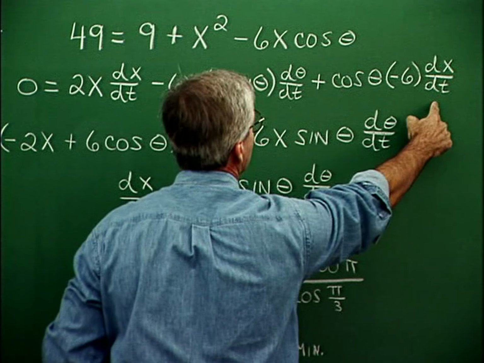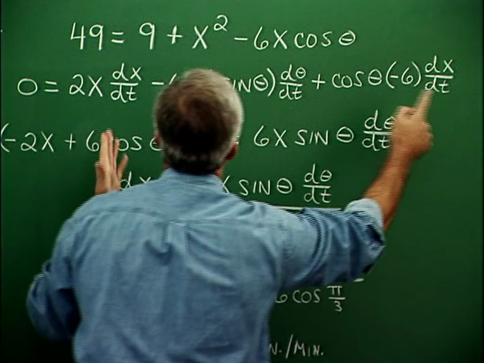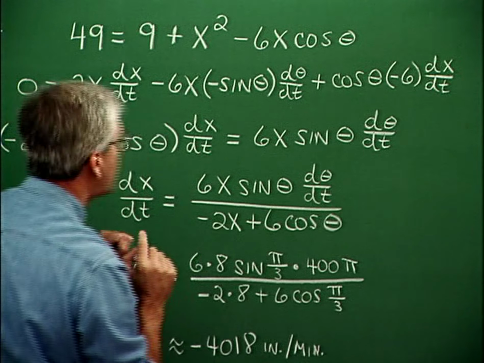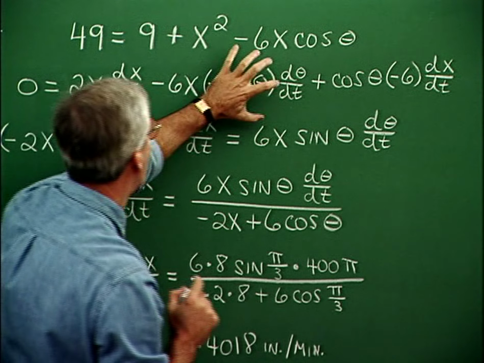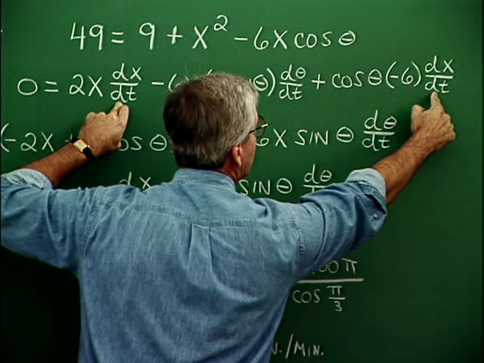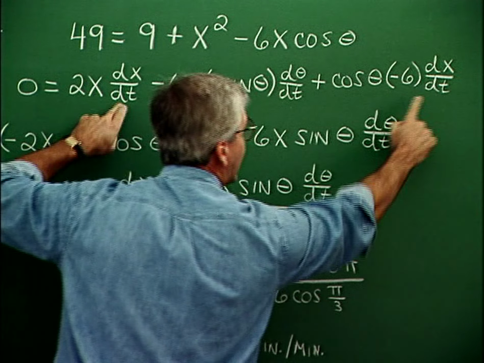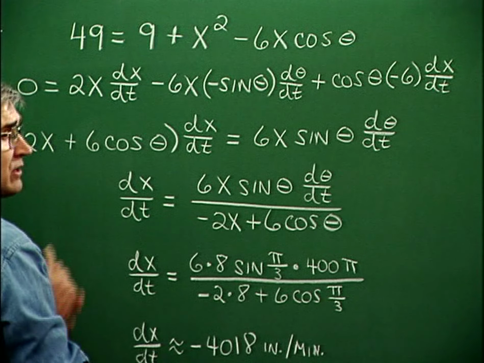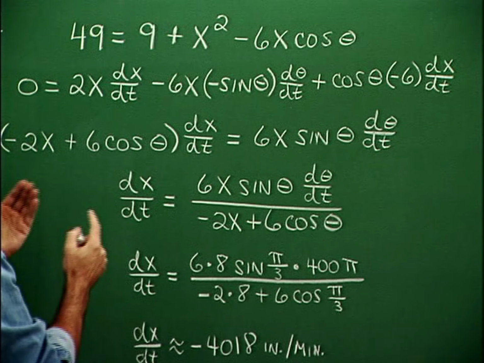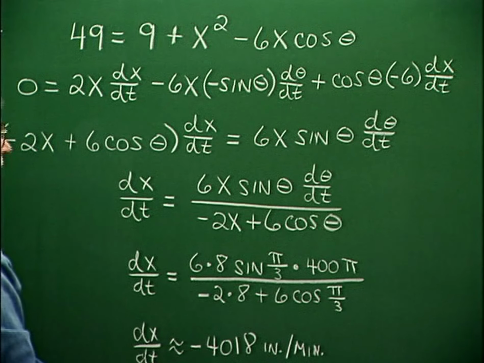And then we have cosine theta times the derivative of this, which is negative 6, and all of that is times dx/dt. Okay, now look at the three terms in the problem. A couple of them are dx/dt's. It's dx/dt that we're trying to solve for here. So we're going to put the terms involving dx/dt on one side of the equation.